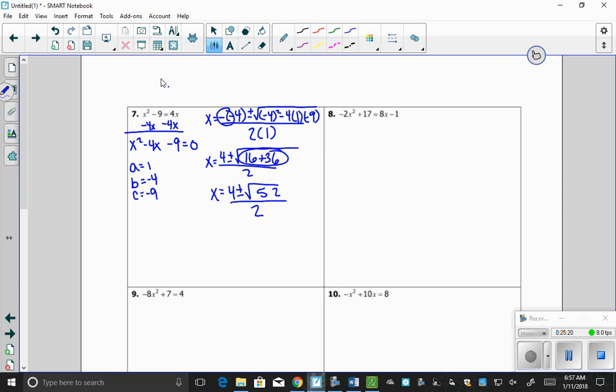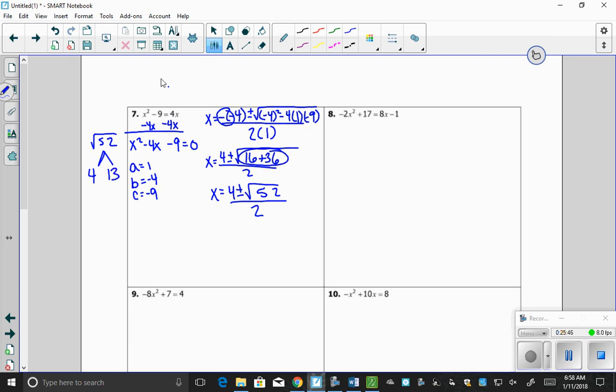So when you simplify the square root of 52, I'm going to go over here and do a little side note. A perfect square that will go into 52 is 4 for sure. There might have been another one, but let's just use 4.